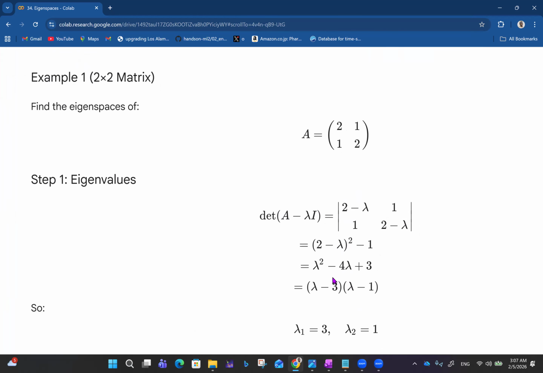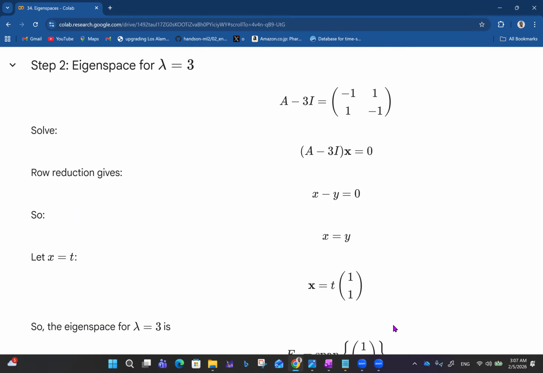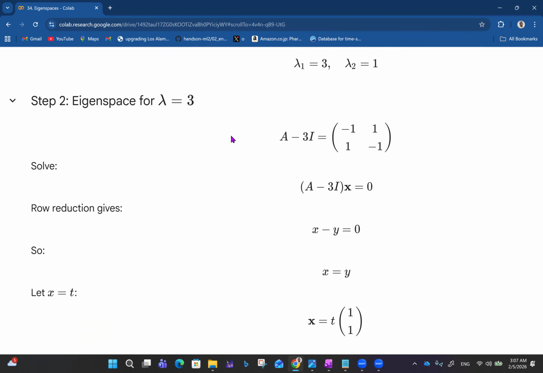Putting it all together, 2 squared is 4, then 2 times 2 times lambda gives minus 4 lambda, then plus lambda squared. So we have lambda squared minus 4 lambda, and 4 minus 1 gives 3. You can factorize that as lambda minus 3 times lambda minus 1. So the two eigenvalues are lambda 1 is 3, lambda 2 is 1. We've done that a couple of times. The next thing is to find the eigenspace for lambda equals 3.